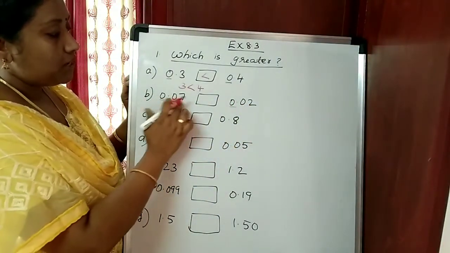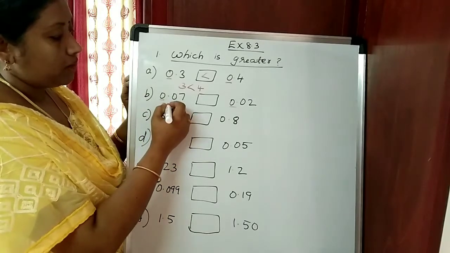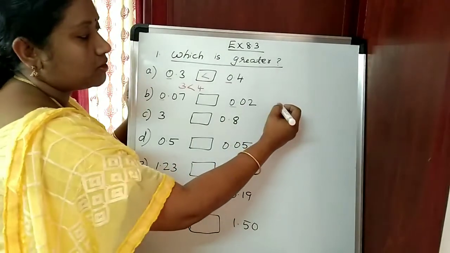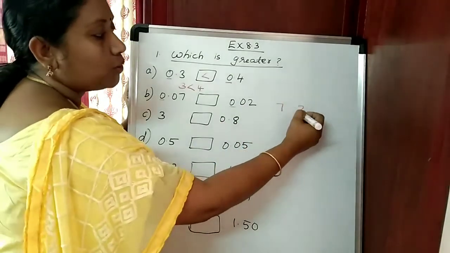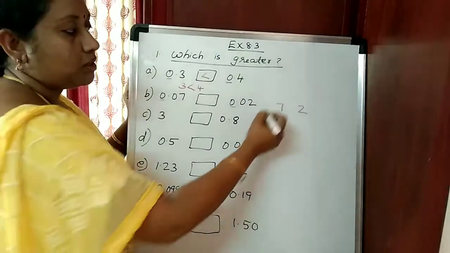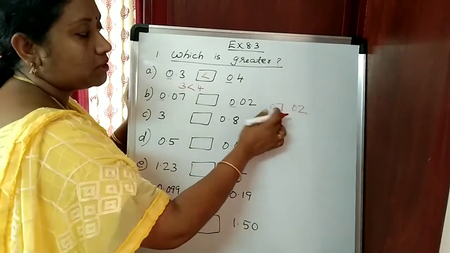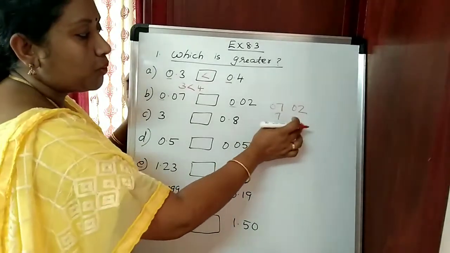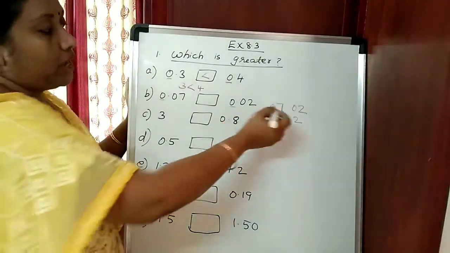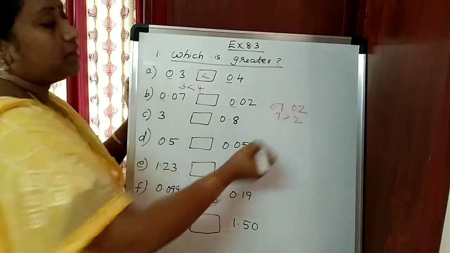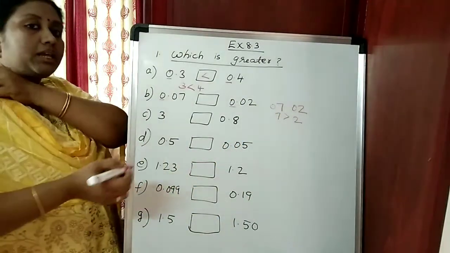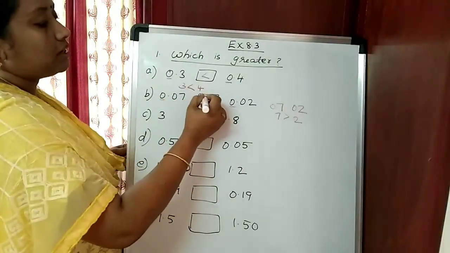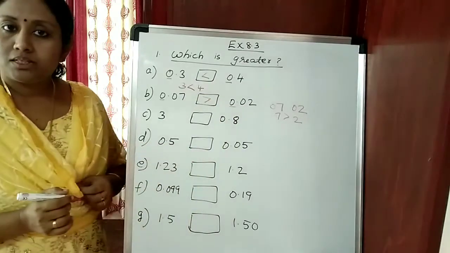Here our decimal number is 07, here also 02. 07 means 7 and 02 means simply 2. 2 or 7, which one is greater? Yes, 7 is greater. So which decimal is greater? 0.07 is greater. All of you understand?